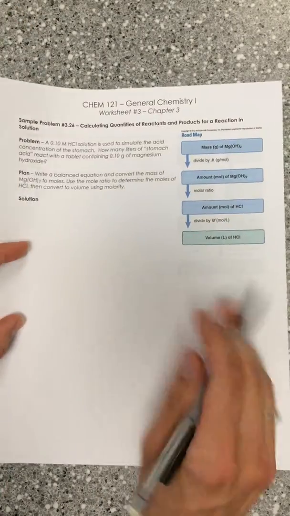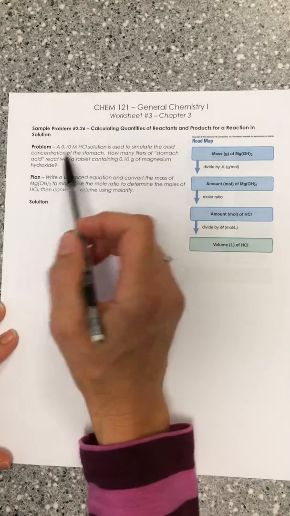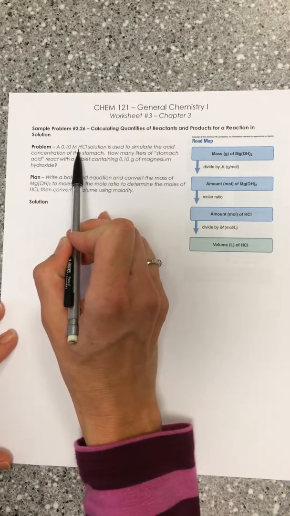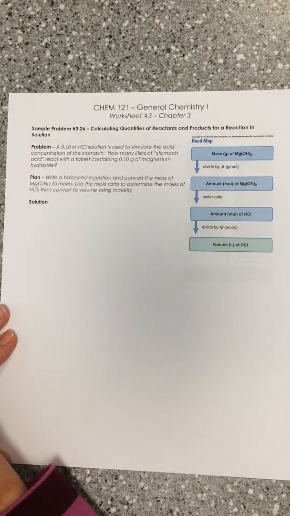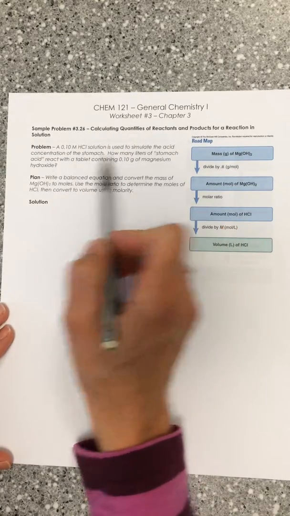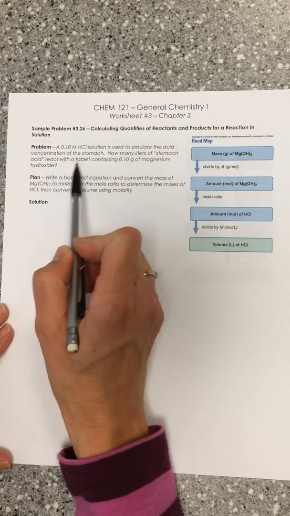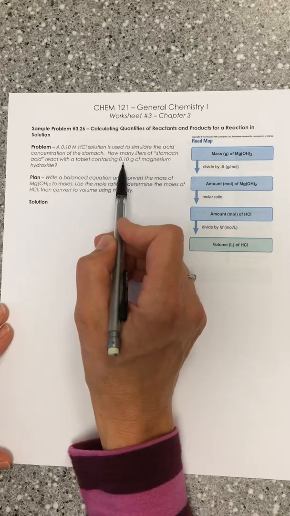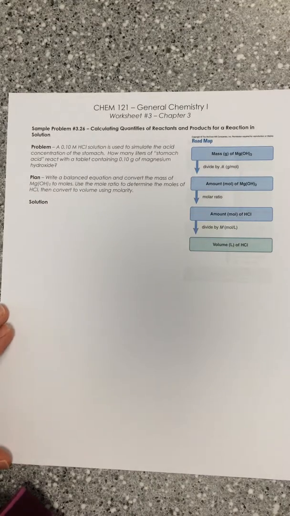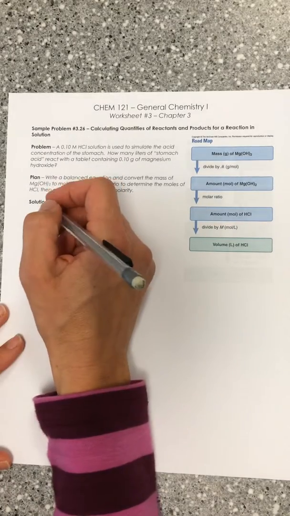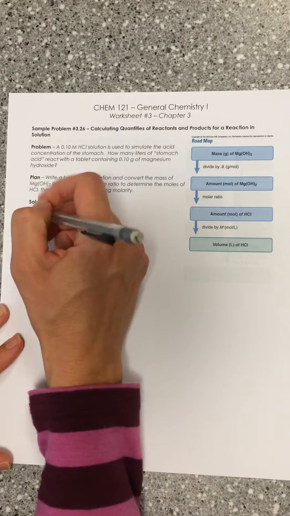Okay, so here's problem 13.26. We have a 0.1 molar HCl solution, and we're using that to simulate the acid concentration of the stomach. So we'd like to know how many liters of stomach acid will react with an acid tablet that contains 0.1 grams of magnesium hydroxide. So again, we need to treat this problem like we've done before.